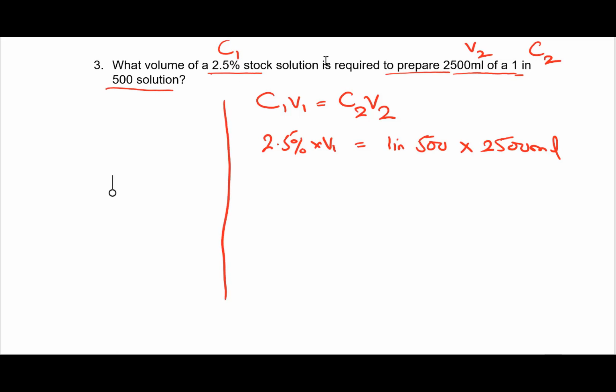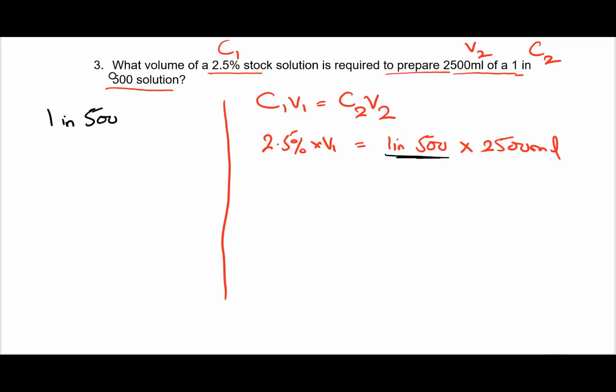So make sure that the concentration is the same on both sides. It would be easier to deal with percentage. So I will convert 1 in 500 into percentage as well. So the concentration on both sides of the equation will be in percentage. So let's see what is 1 in 500 in the form of percentage.